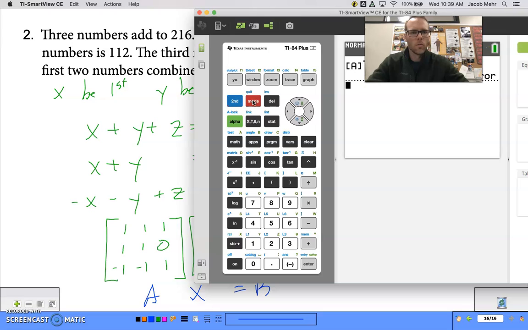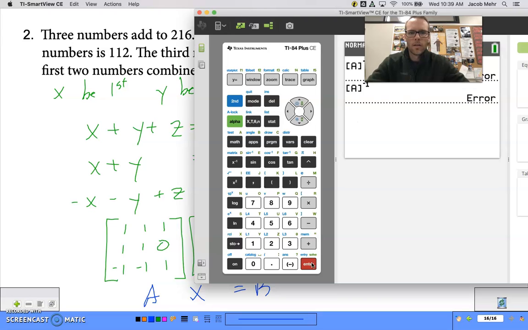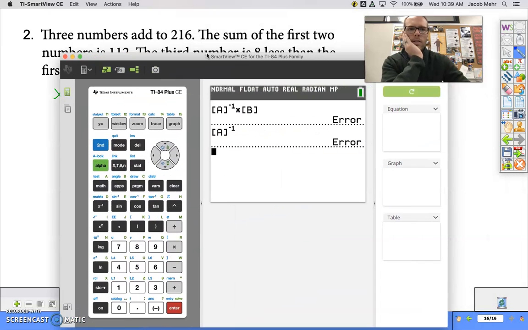Well, that worked out. Let me try this. Matrix A, and let me just see if I can find the inverse. Still says no matrix exists. Let's hit quit. Why could no matrix exist?